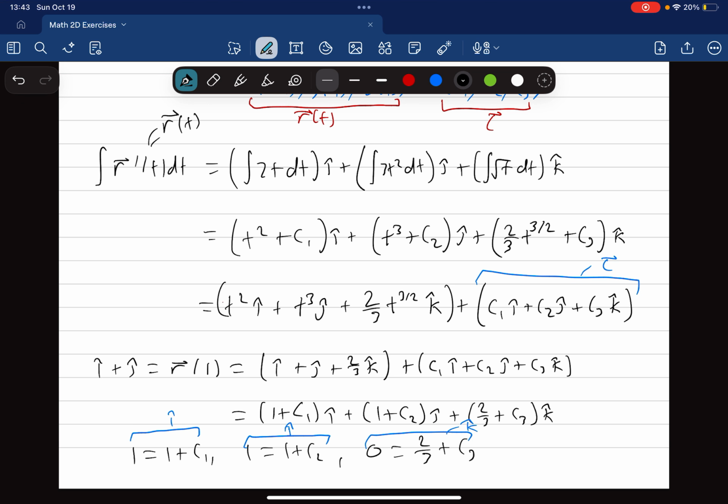Solving for the constants, c1 is 0, c2 is 0, and c3 is negative 2/3.